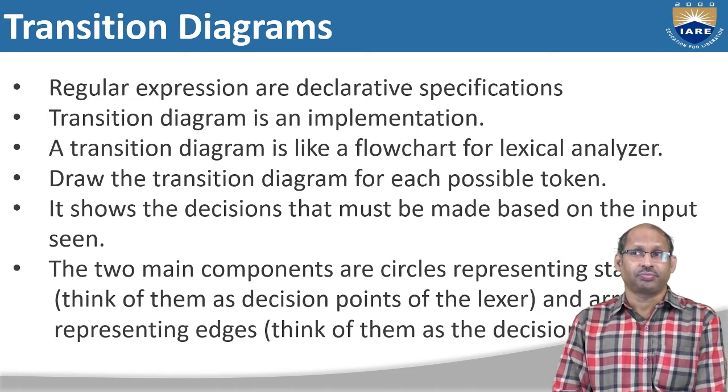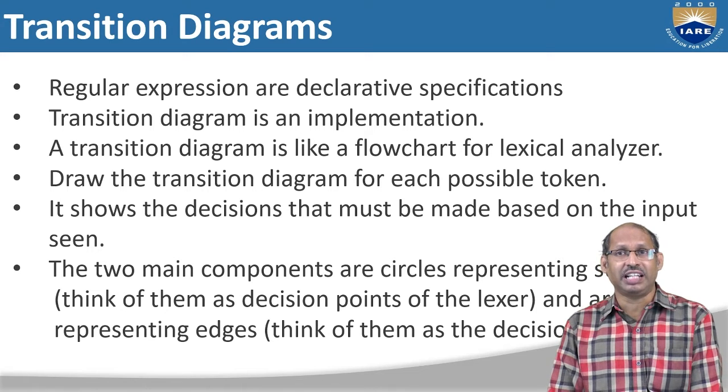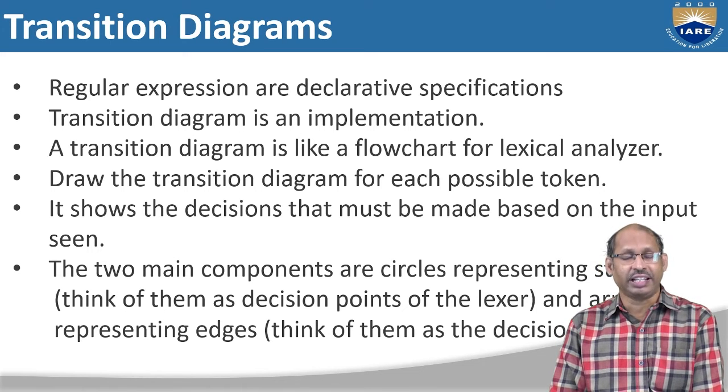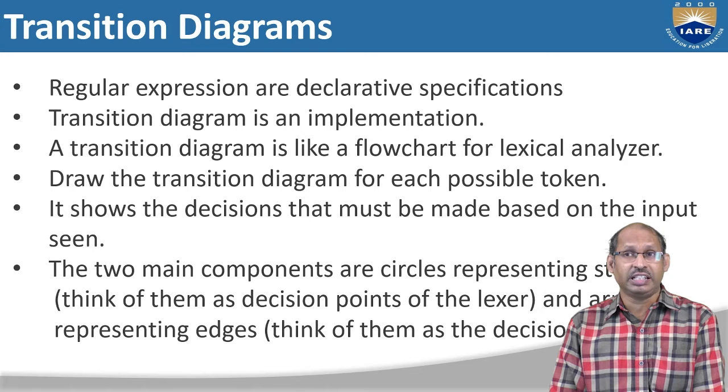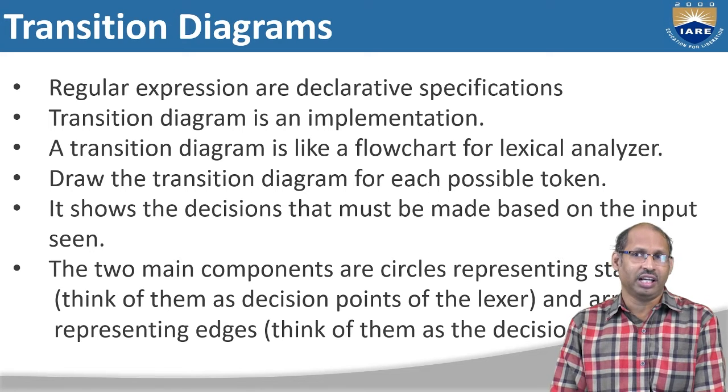This transition diagram will take the input and move from one state to another state, and if it reaches the final state, then the respective token is generated. Otherwise, it says that it is not an acceptable token.